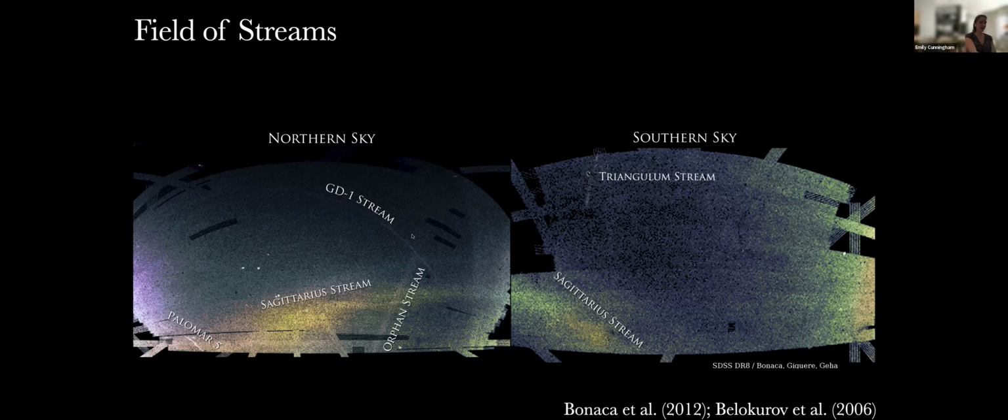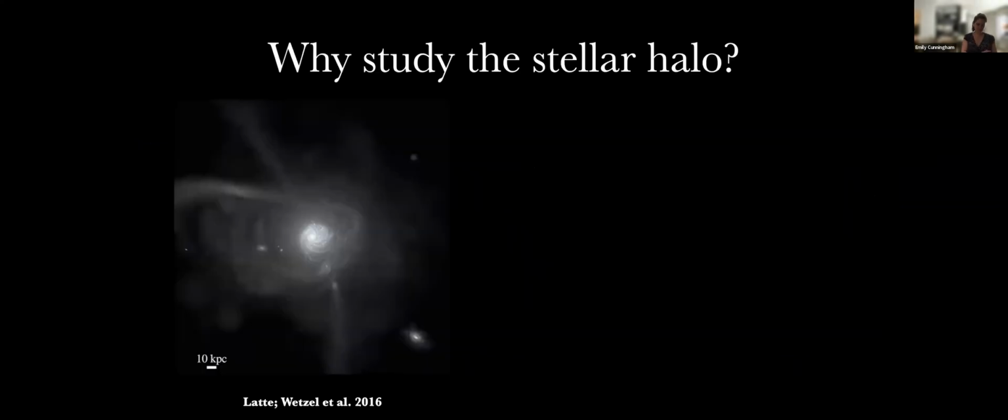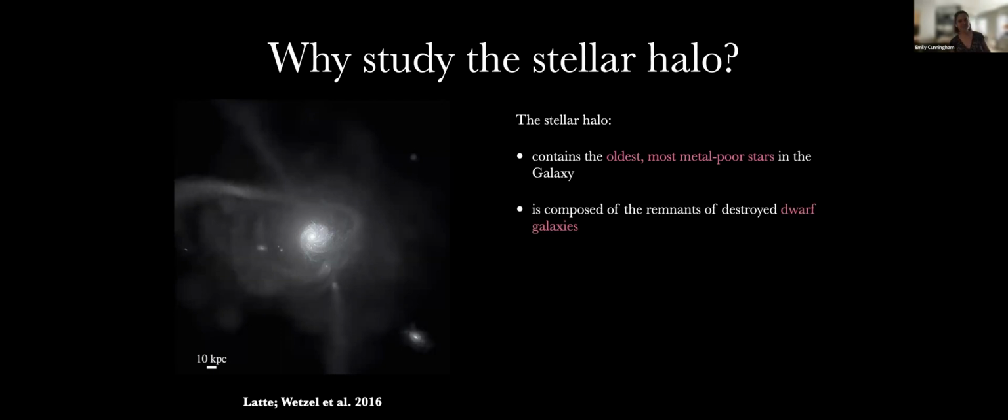Okay, so why should we care about the stellar halo? Why is this interesting? I'll tell you why I'm interested, but first I just want to talk about why you could be interested, whatever your scientific interests. For one, the stellar halo contains the oldest, most metal-poor stars in the galaxy. So if you're interested in metal-poor stars, first stars, or old, interesting stars, the stellar halo is a great place to look.